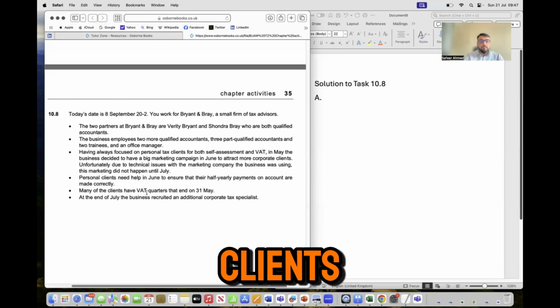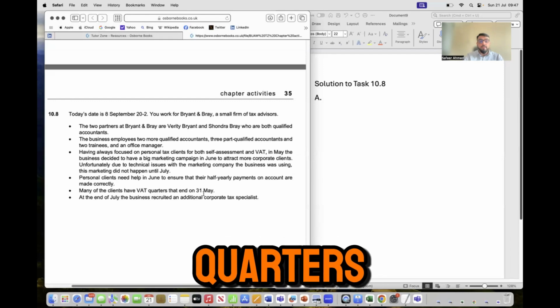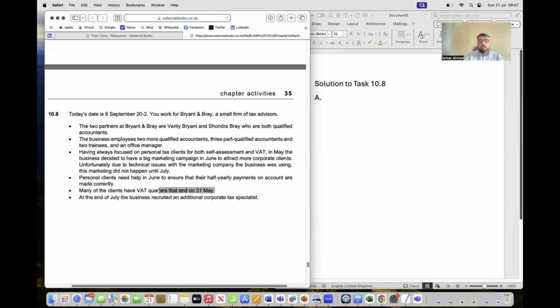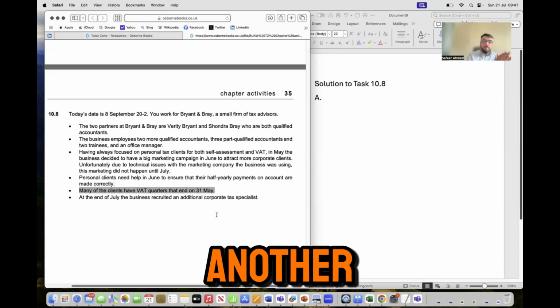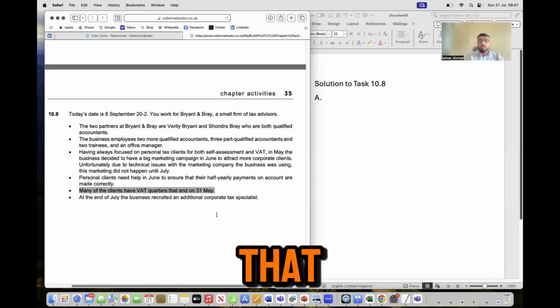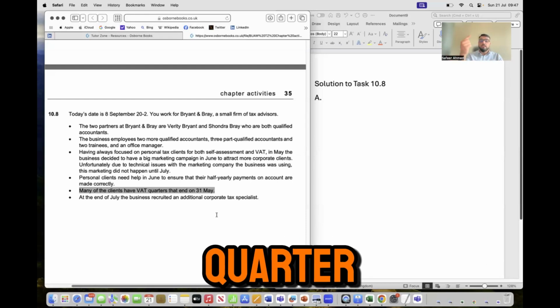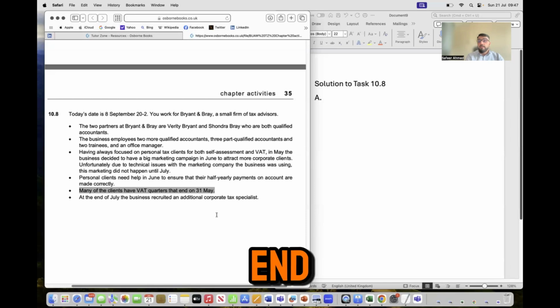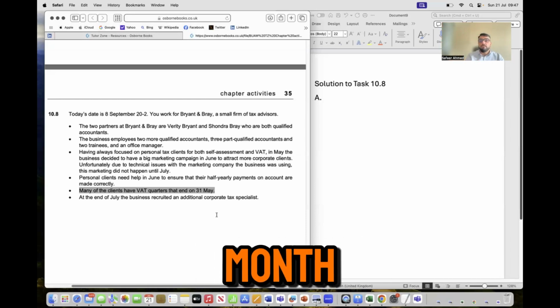Many clients have VAT quarters that end on 31st of May. If the VAT quarters end on 31st of May, their VAT returns will be due on 7th of June. So that's another indicator that revenue in June might be higher due to this fact, because the next quarter will end at the end of August, and the impact of that will be in the month of September.